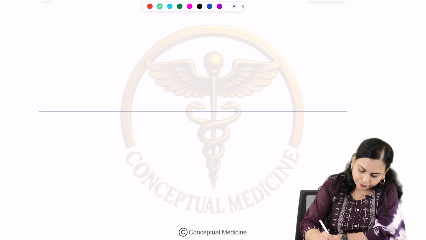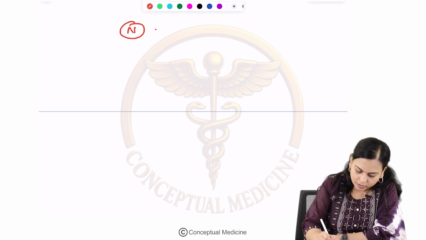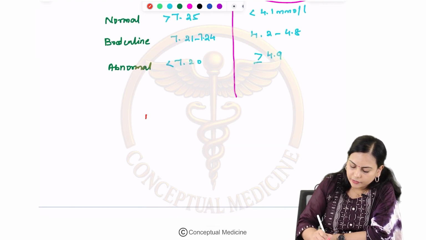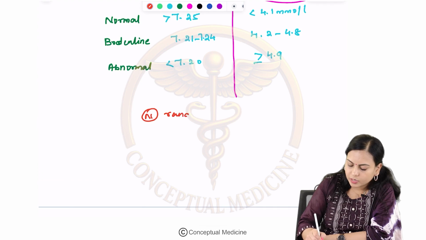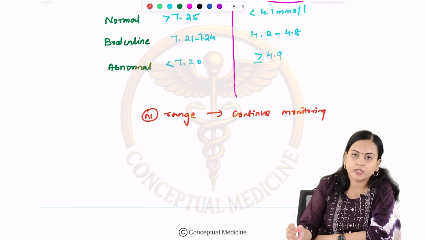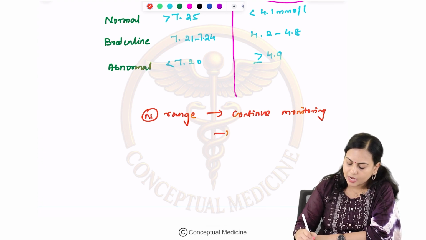Now, if it is in the normal range, we have to just continue monitoring. Most of the time there will not be any need of a second fetal blood sampling, but if it is indicated by CTG, a second sample can be taken after 1 hour.